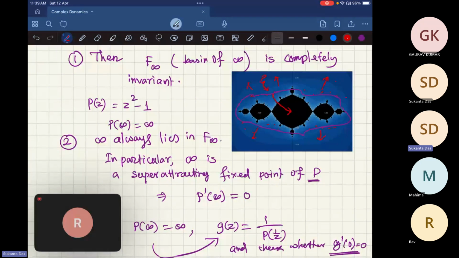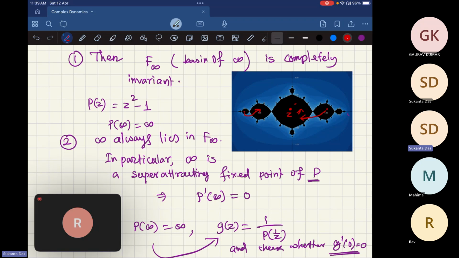So in this figure, what is Kp? If you take any point, say z here, and you keep iterating, this point will be inside this set only. If you take any point from here, it will come here, and once it comes here, it remains here.